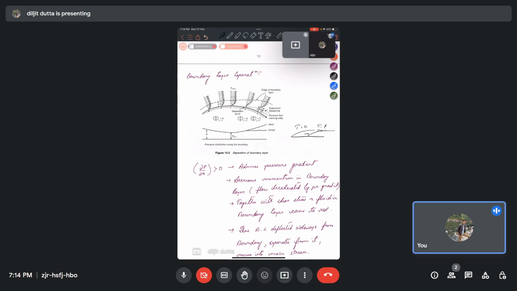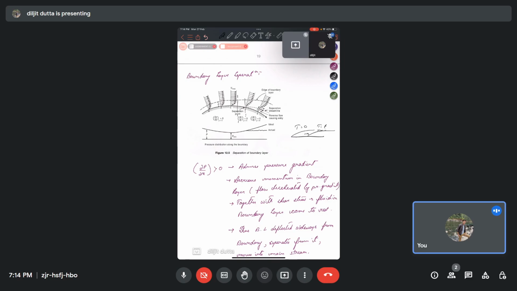So this is one phenomenon shown for a curved plate. We can see that initially del u by del y is greater than 0. At the center here, del u by del y is equal to 0, and from this point, del u by del y is less than 0.